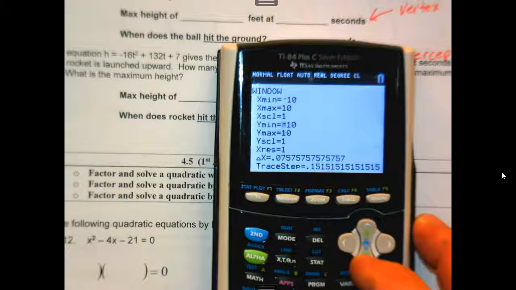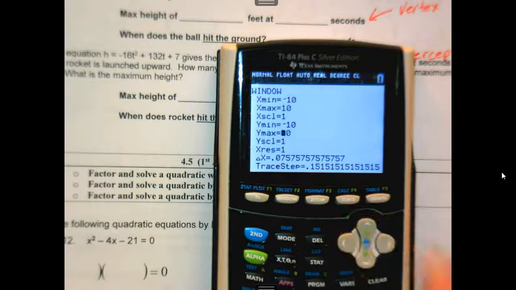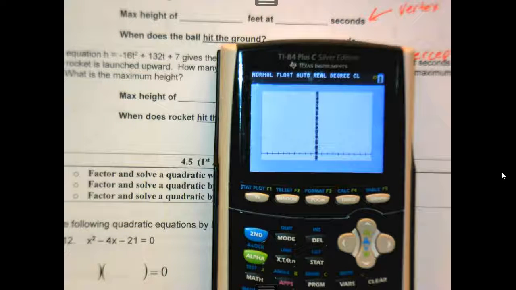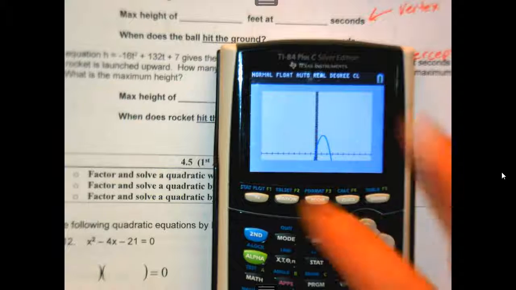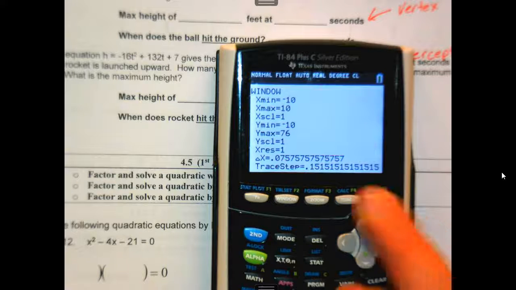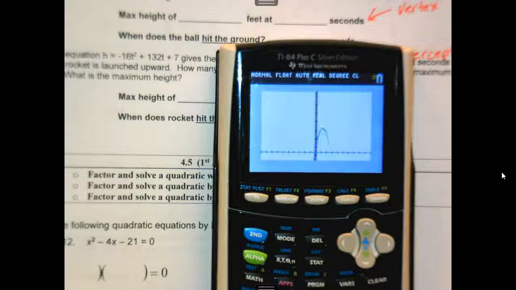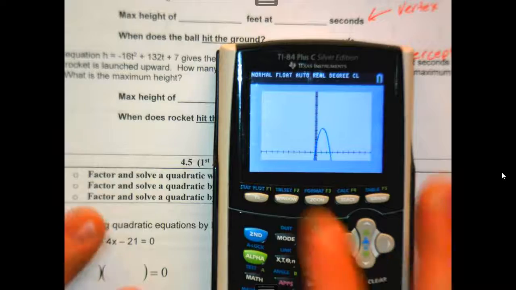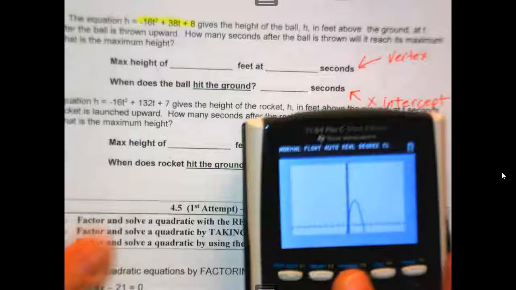I'm going to put in 100. And graph it and see where I'm at. It's a little big. I don't need quite 100. Maybe I'll do 76. Yeah, let's see what happens with the 76. Yeah, that's pretty good.